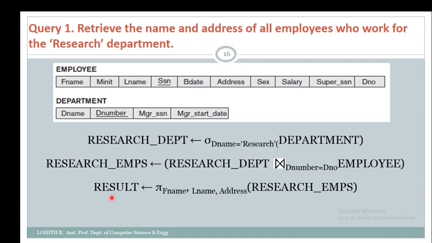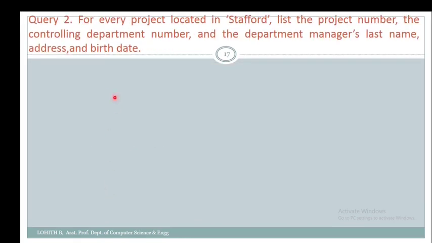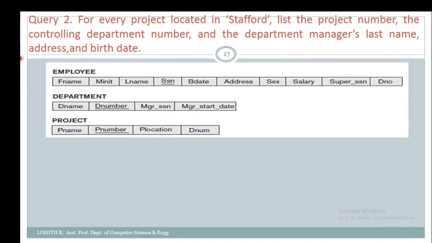Yes, that's it. We'll consider one more example. For every project located in Stafford, list the project number, the controlling department number, and the department manager's last name, address, and birth date. Yes, for every project located in Stafford.